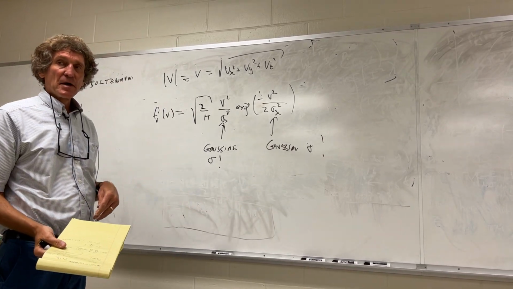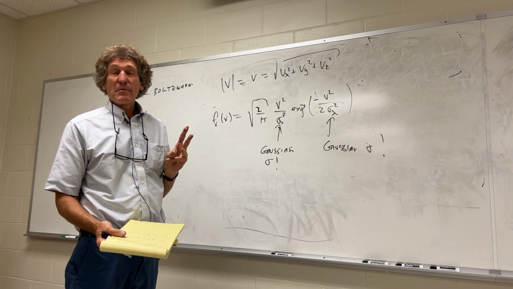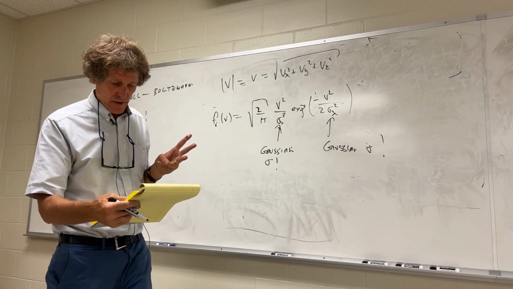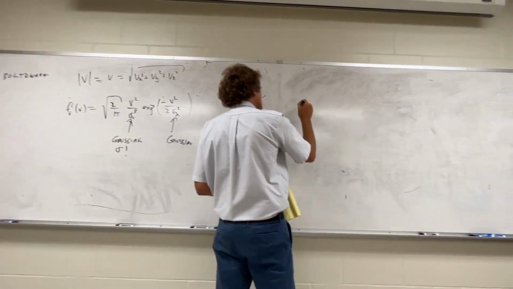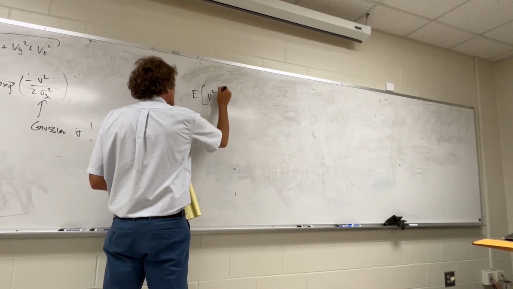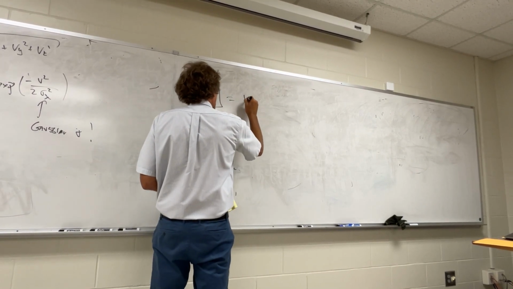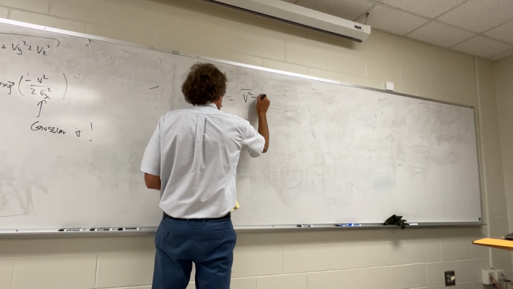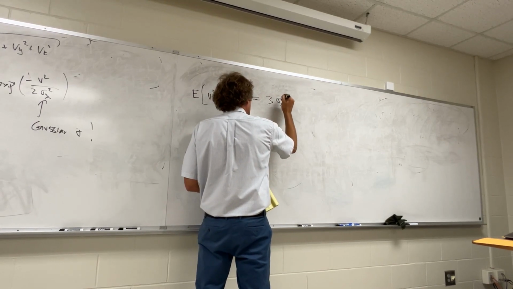Here's a neat part. There are 2 things we generally need: the mean and the second moment. If you take a look at the expected value of v squared, that would be the second moment. It would be in general written as v squared bar. That's equal to simply 3 times sigma squared, and that's the Gaussian sigma.